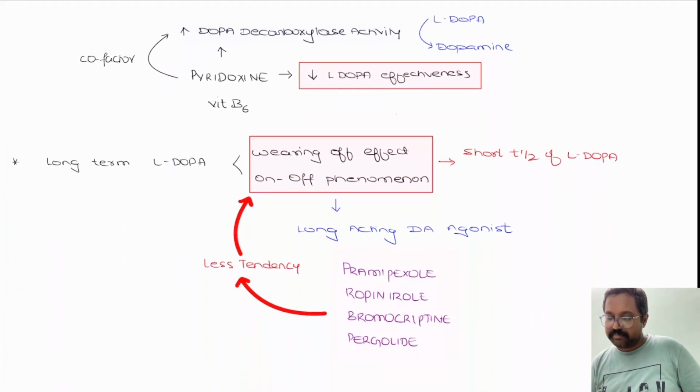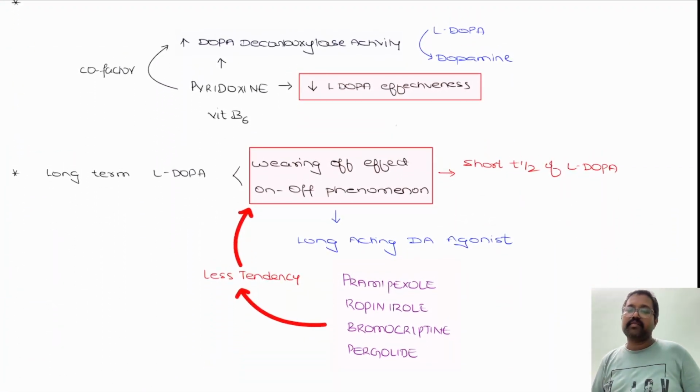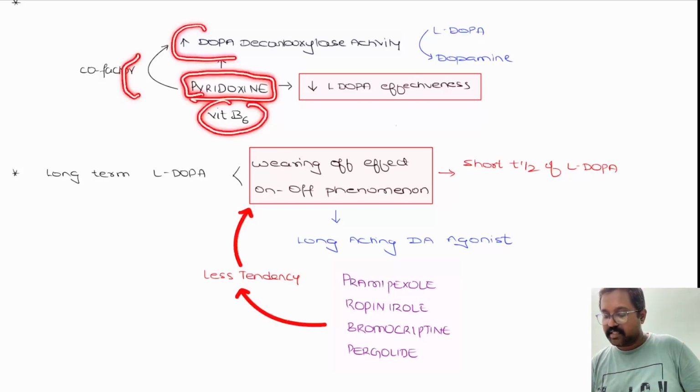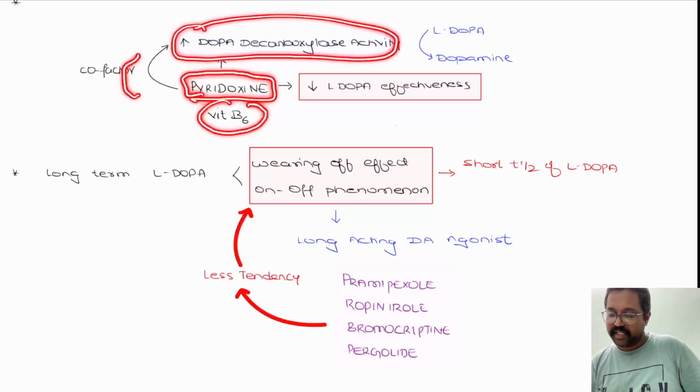So next, coming to the other important concepts under anti-Parkinsonian drugs. Pyridoxine, which is vitamin B6, is a cofactor for dopa decarboxylase activity. So what happens if they consume pyridoxine? Some question will arise like this.